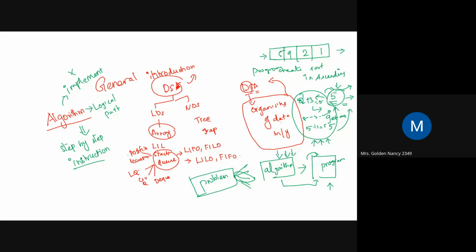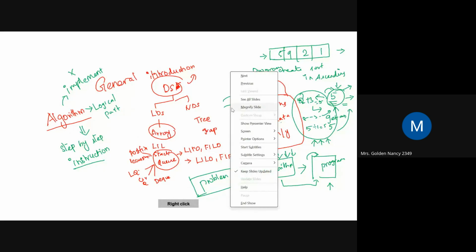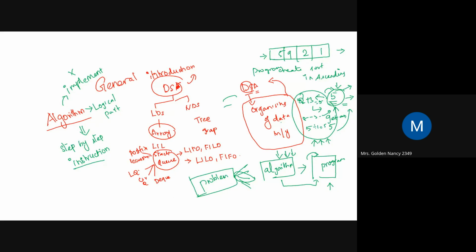So for solving a problem, I told you there are a number of algorithms. How do you find the best or suitable algorithm from the available algorithms? One person will give me an algorithm, another person will give some other algorithm. If there are 80 algorithms, how do I choose the best one?